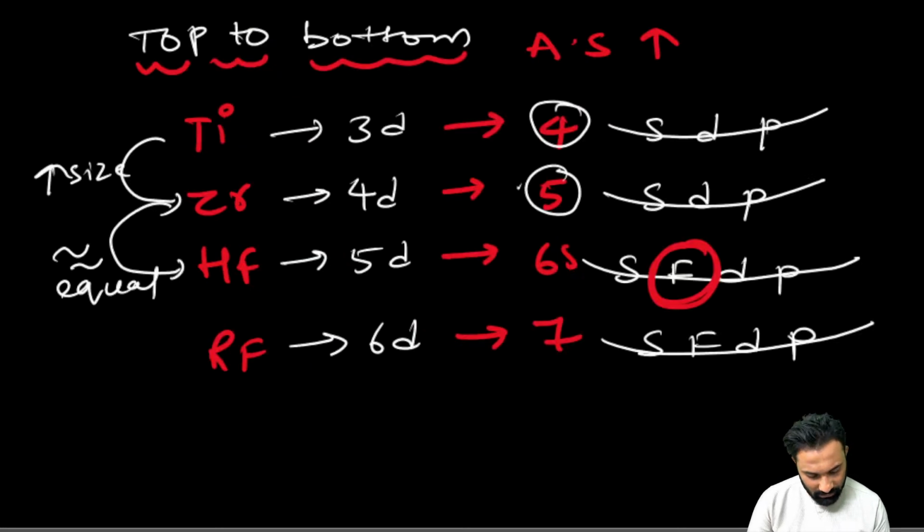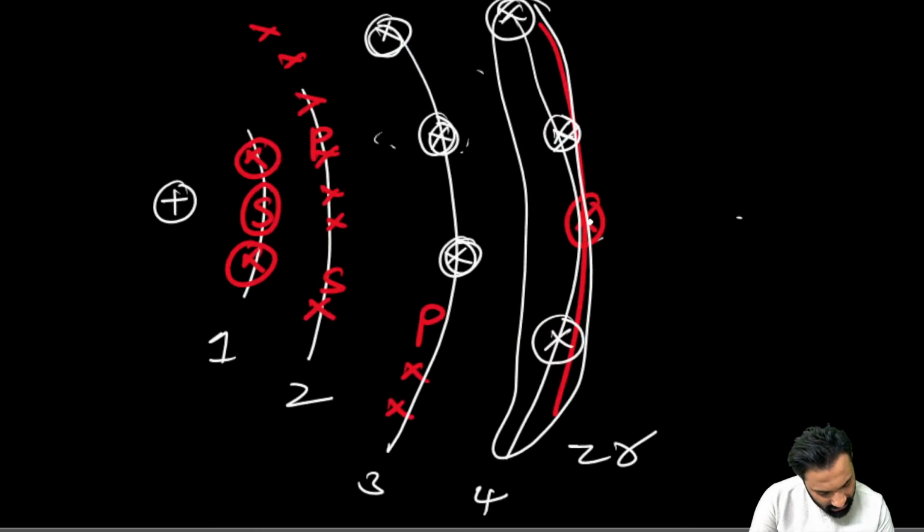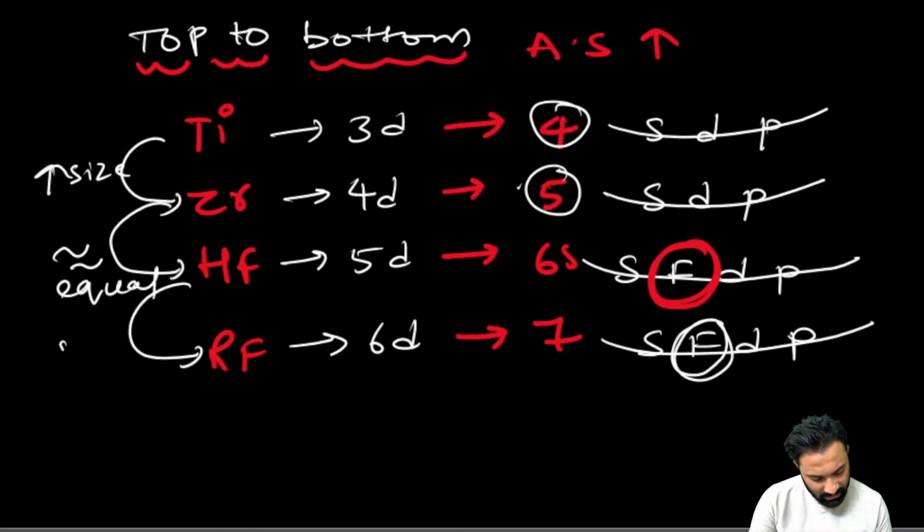Right? Done. Next, from hafnium to rutherfordium, the same thing will happen. Here you can see again the f orbital electrons are there. F orbitals will not protect, so still the size will decrease somewhat.